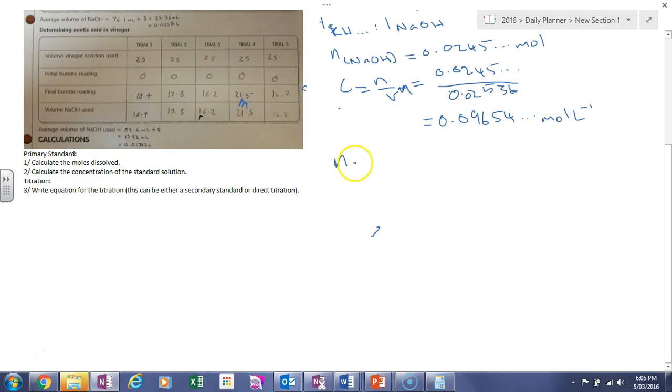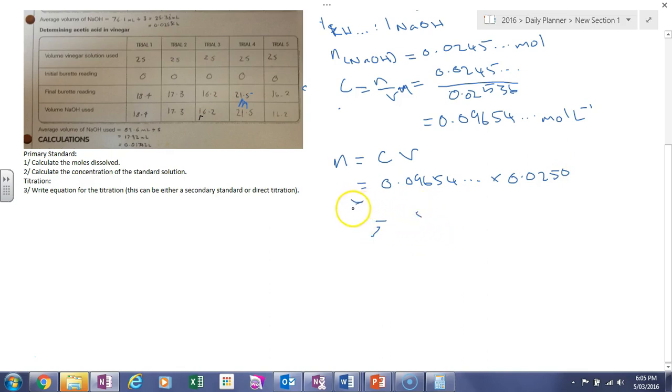So moles of sodium hydroxide equals concentration times V. So it is, in this case, 0.09654 times 0.0250.